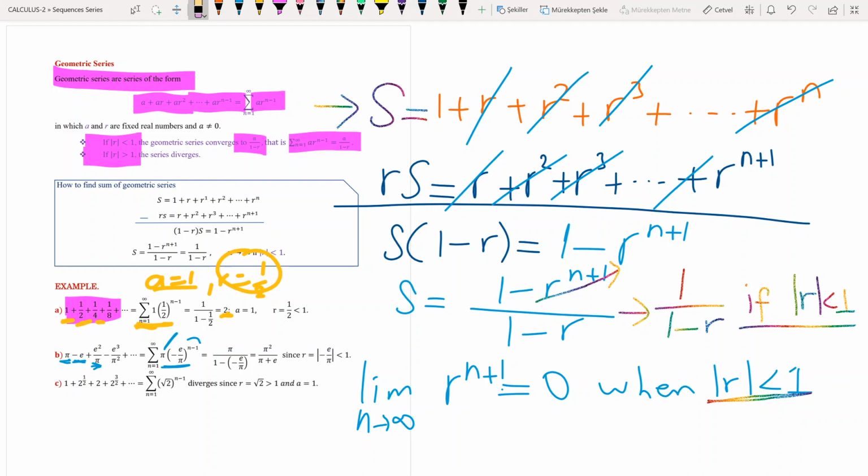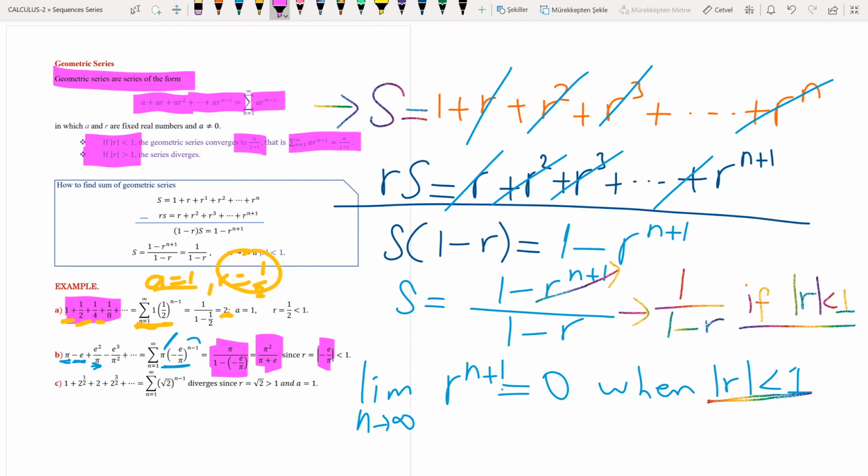So according to the geometric series rule, this infinite sum converges to pi over 1 minus minus e over pi, since r is minus e over pi, and if you simplify this expression, you will have pi squared divided by pi plus e.